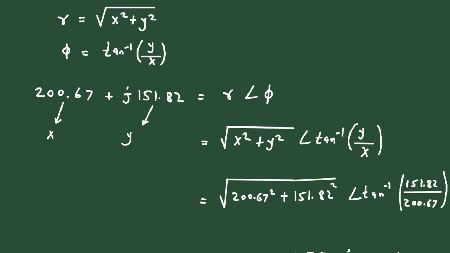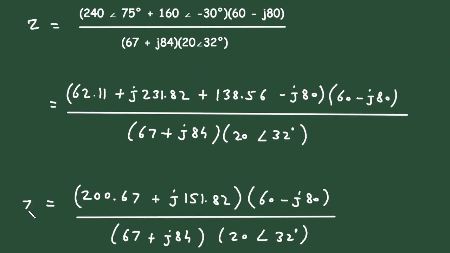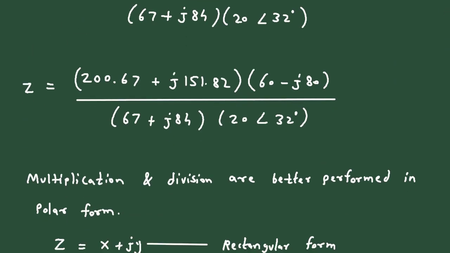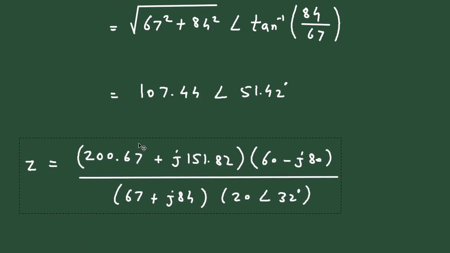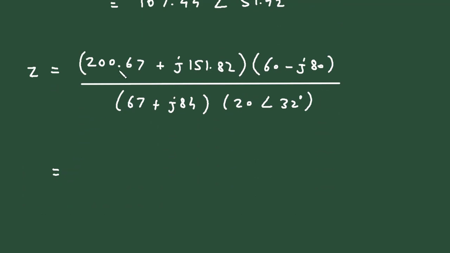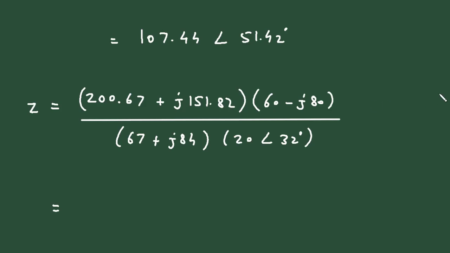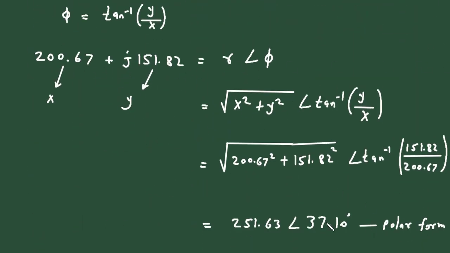Now next, this is the value of z. So z is equal to this value, and we have converted all these three rectangular forms to polar form. So let's copy this from here. And now we will replace this rectangular form with polar form. So here this 200.67 plus j151.82 can be replaced by this value.